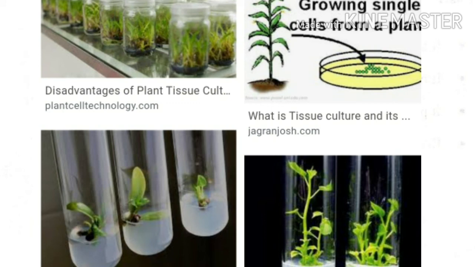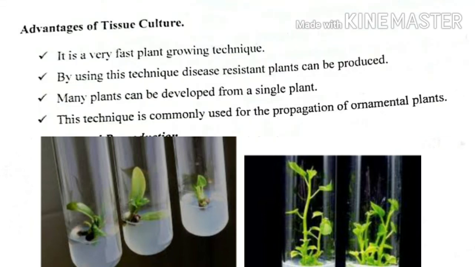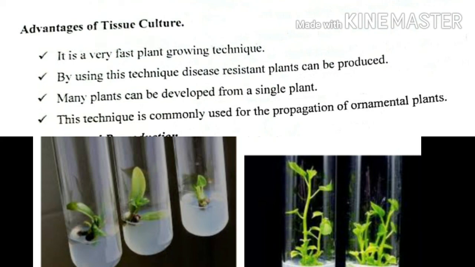Now let us move on to the advantages of tissue culture. So the first important advantage is that it is a very fast plant growing technique. So we can have a large number of plants within a very short period of time. Second advantage is that by using this technique, disease resistant plants can be produced.